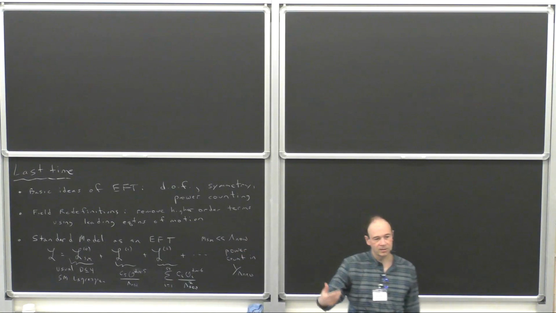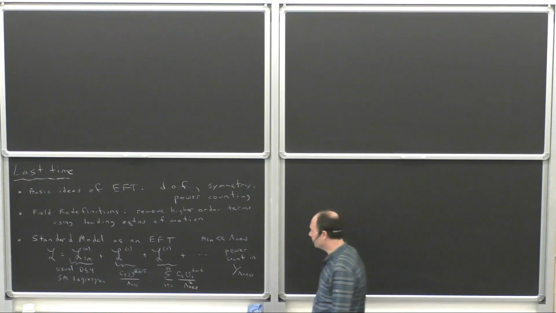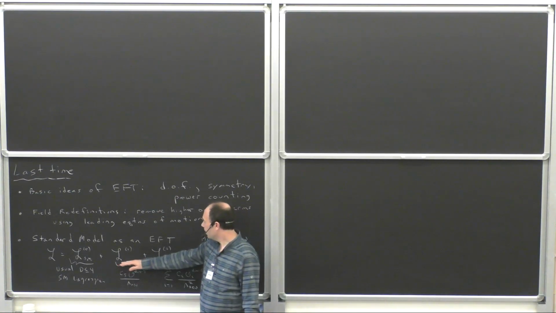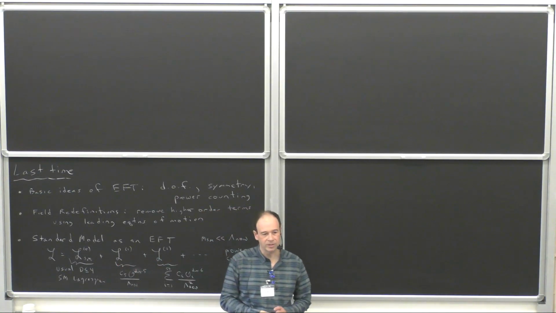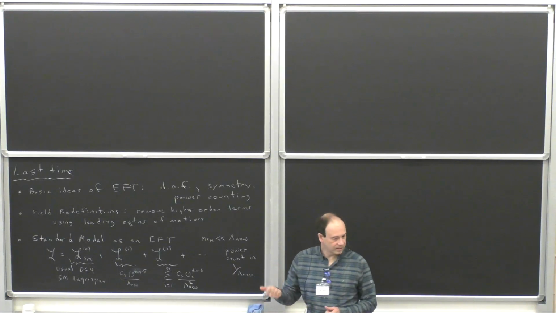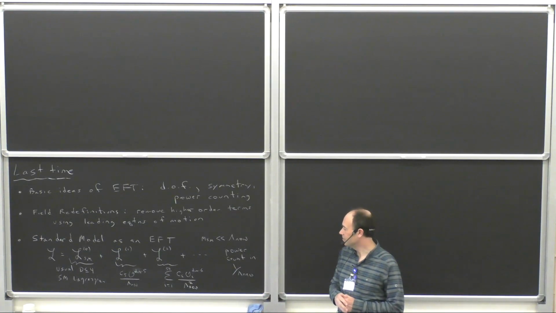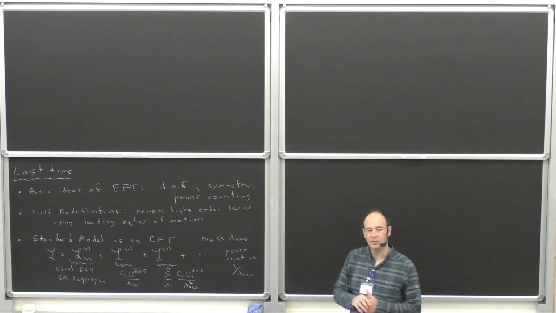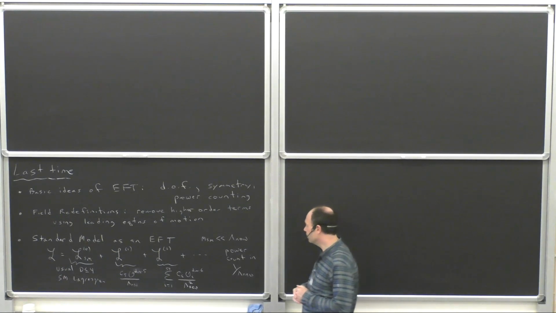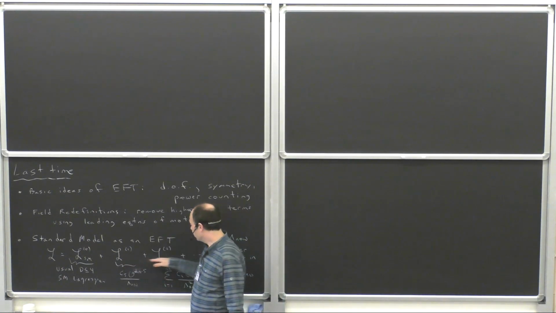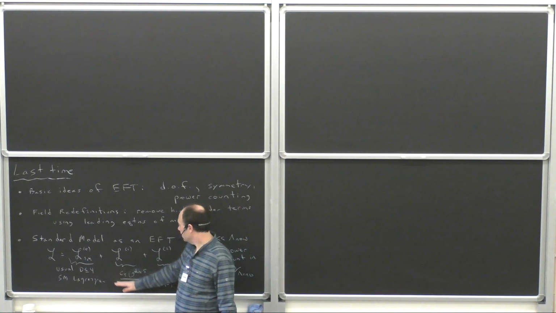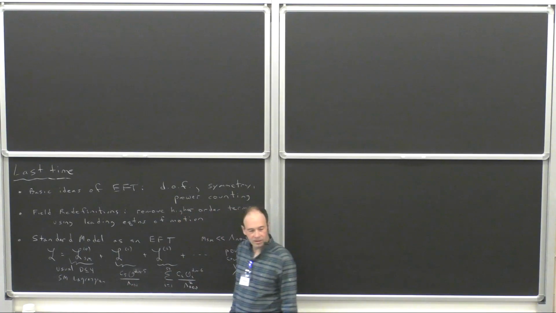We can organize the effective field theory in terms of standard model fields, and we can write down higher dimension operators built out of the standard model fields that are Lorentz invariant because we choose not to break Lorentz invariance, that are gauge invariant because we choose not to break the standard model gauge group by these higher dimension operators. And then we can just categorize them and write down a complete basis.